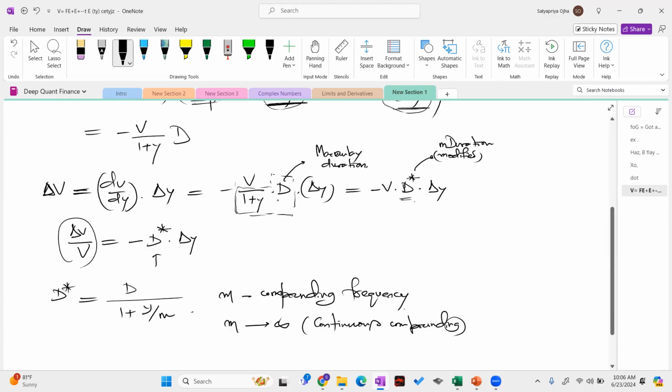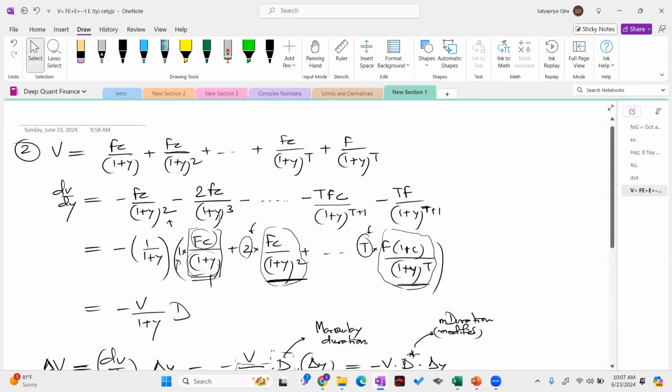If m tends to infinity, what happens to this guy? Y by infinity? Y is just a number. So a finite number divided by infinity is 0. So that's why in our first exercise, we saw the same D appear here, because it was continuous compounding. I would recommend you try this exercise with continuous compounding.